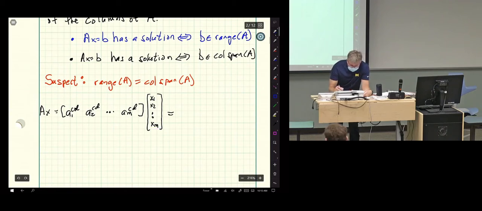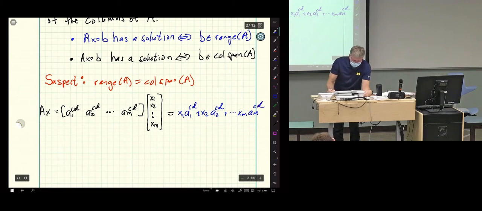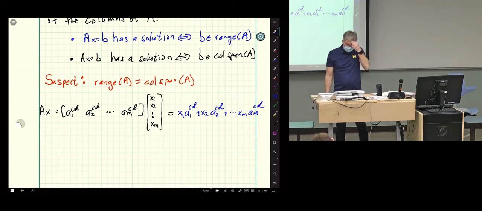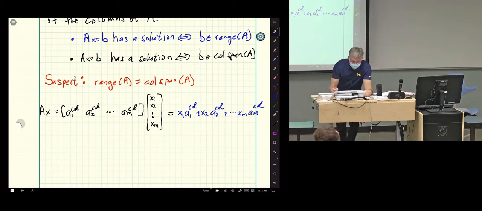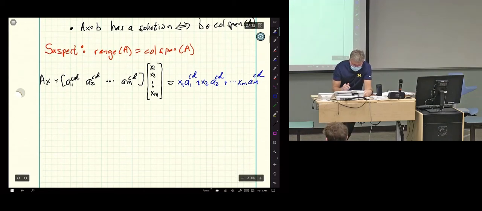So we just write that down, and we get, and I'll put the constant out front, xm am column. Okay, so A times X is always a linear combination of the columns of A. Okay, so it's really just us getting our definitions down again.